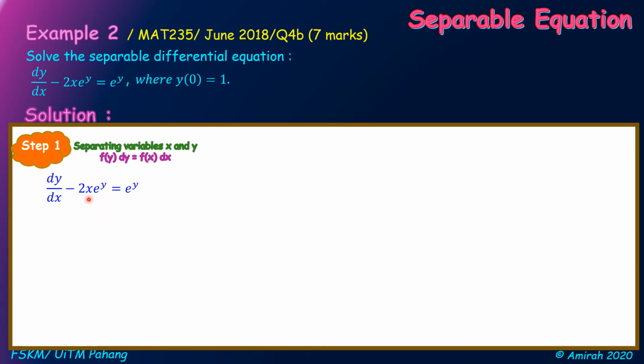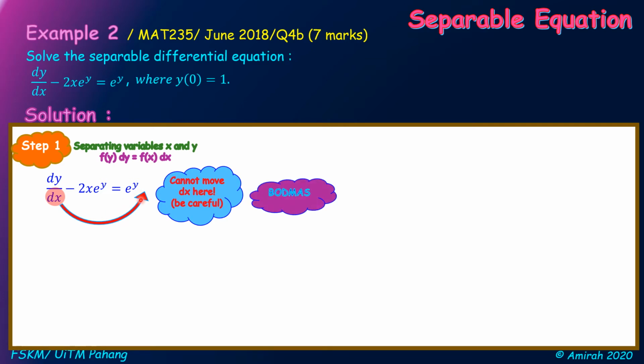So to separate the variables x and y, let's say we move denominator dx to right hand side, then we have multiplication with e to the power of y here. But actually, we cannot move dx here. So you must be careful.